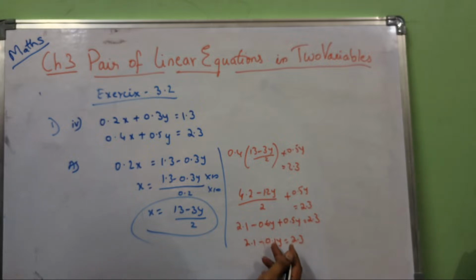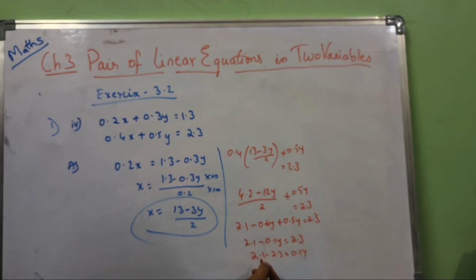Move numbers to one side and y to the other side. This becomes 2.6 minus 2.3 equal to 0.1y. What is the value? It is 0.3. So y is equal to 0.3 by 0.1, and we got the y value.